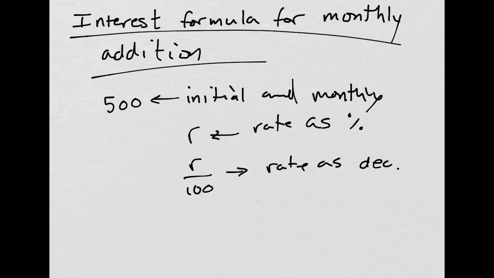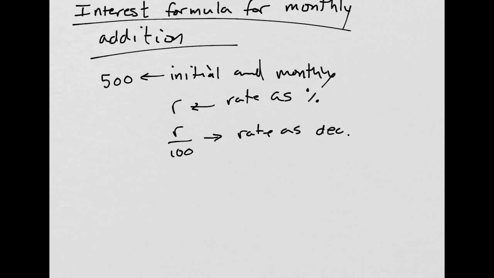Then I'll choose an interest rate. Let's say just for now, R will be 3%, which means if I plug it in, it'll become 0.03. But that's not so important right now.